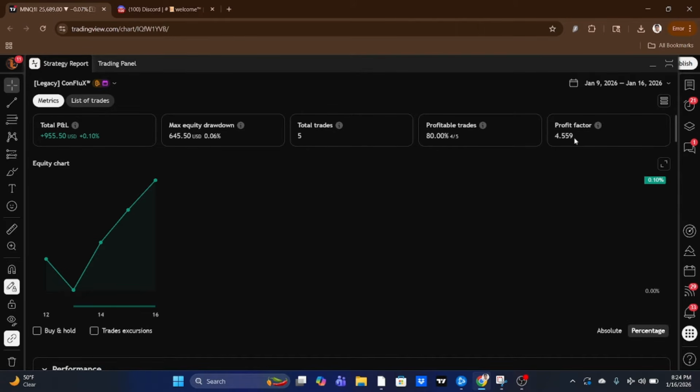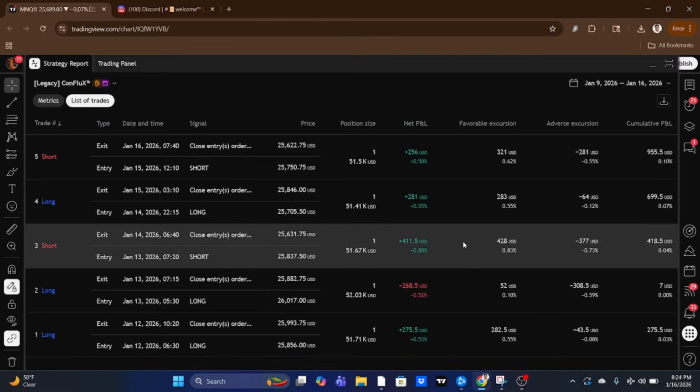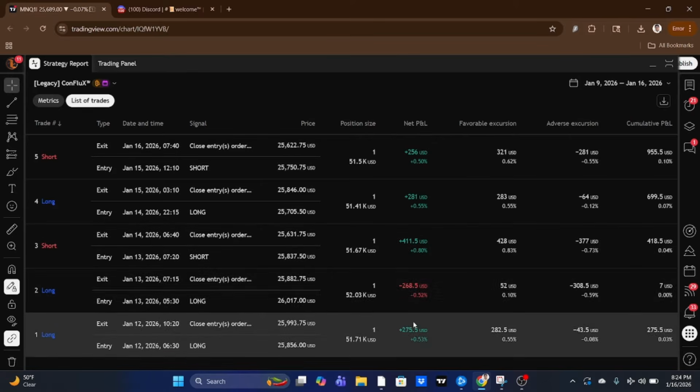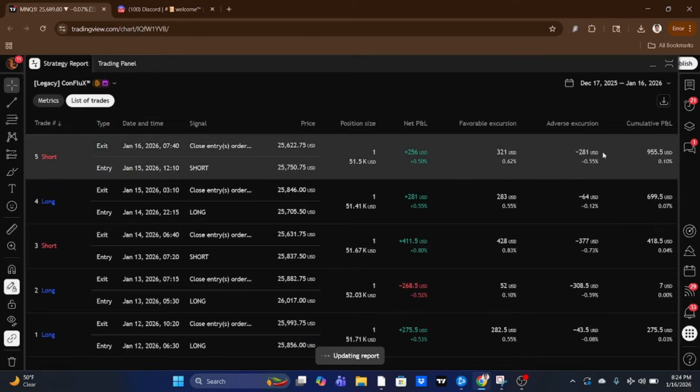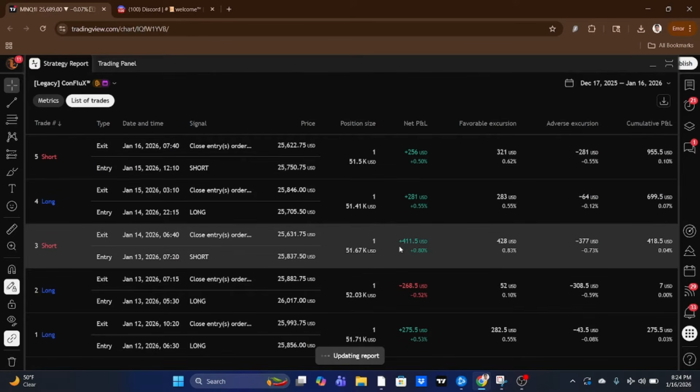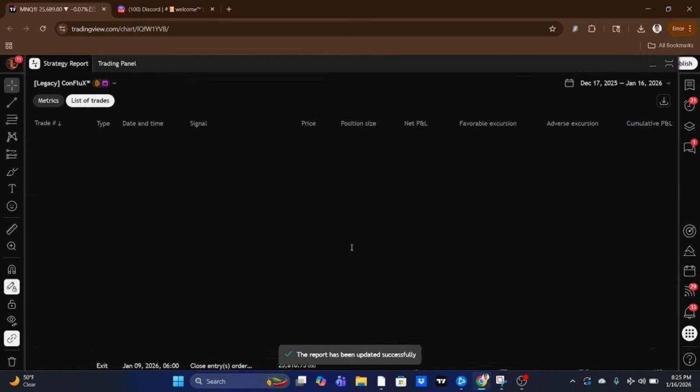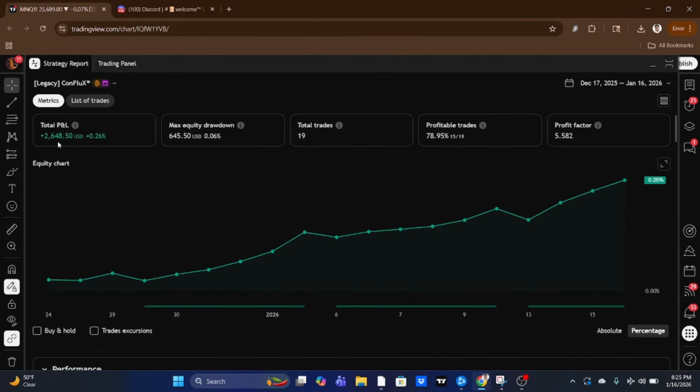Profit factor 4.559. And you can actually see the list of the trades it took. So not bad. And you can also go back last 30 days. So go to metrics. So it's still 2.6K P&L, max drawdown was 600. It won 15 out of 19 trades, 78%. Profit factor 5.5. Total trades 19.